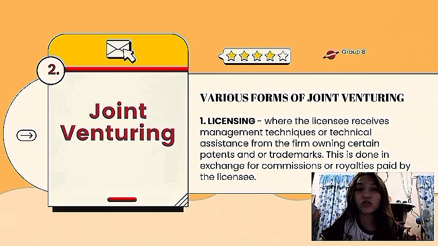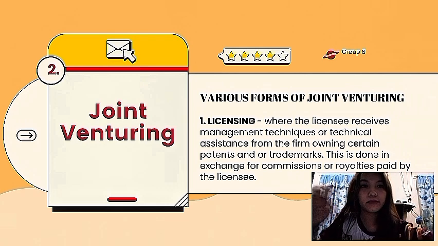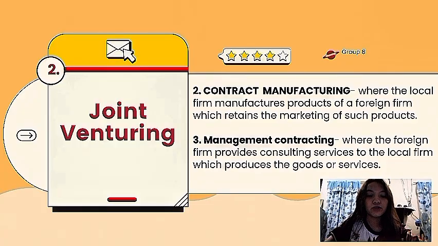Another one is contract manufacturing. Contract manufacturing is when local firms manufacture a product for a foreign company, which then handles the marketing. For example, Nike doesn't own factories in every country. It contracts local manufacturers to produce shoes, while the brand controls marketing and distribution.